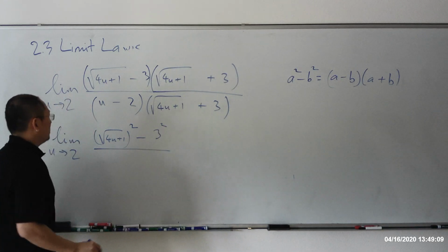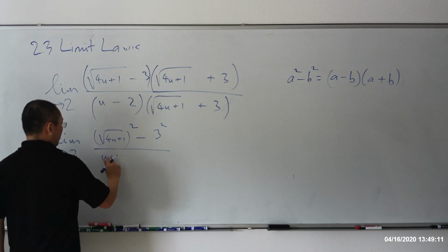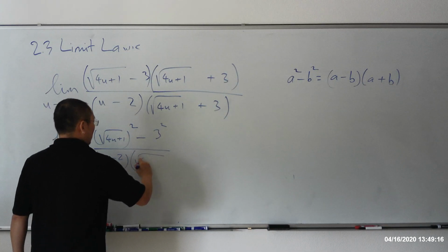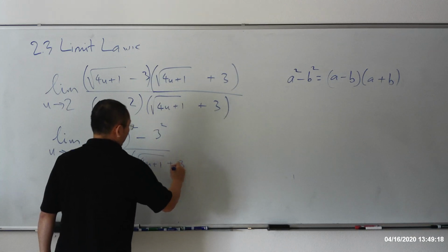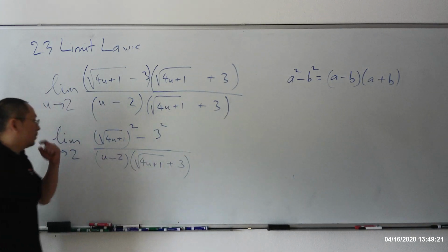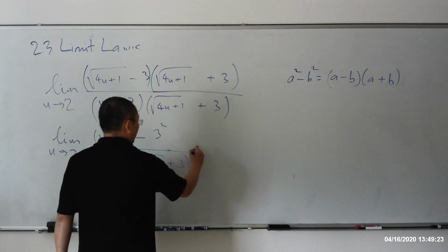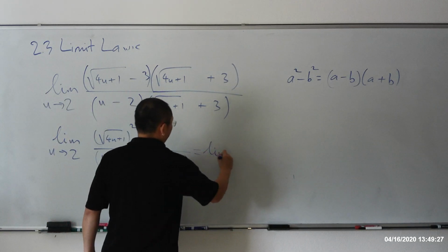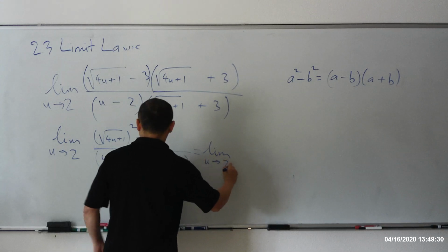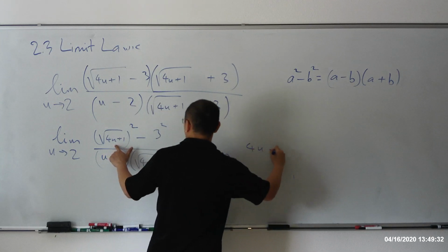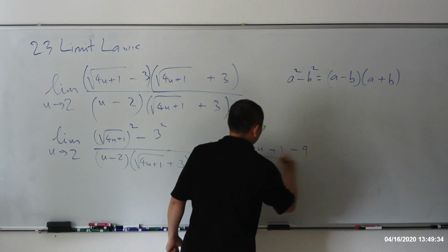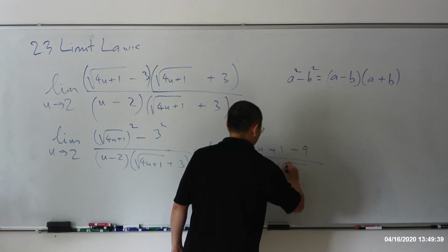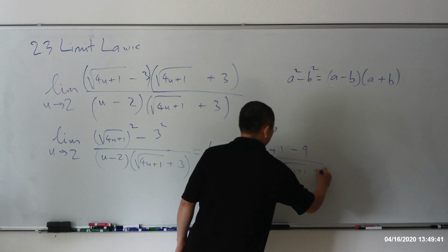And the bottom is u minus 2 times square root of 4u plus 1 and then plus 3. And we try to simplify the numerator, see what we got. The square root cancels out with the square. I still have to rewrite the limit when u approaches 2. It's going to be 4u plus 1 and then minus 9 all over u minus 2 times square root of 4u plus 1 and then plus 3.